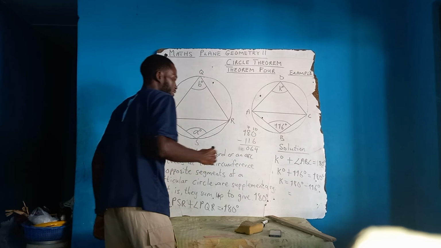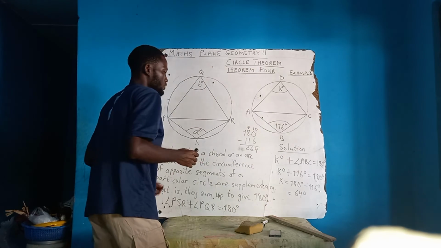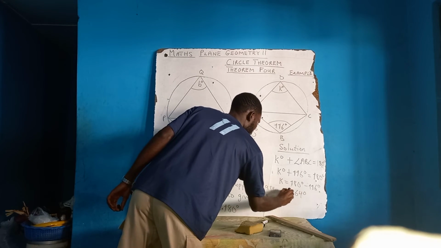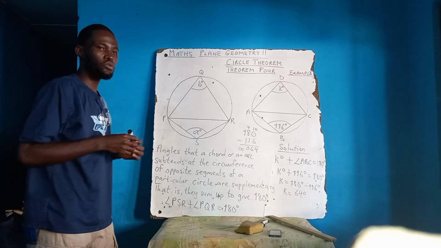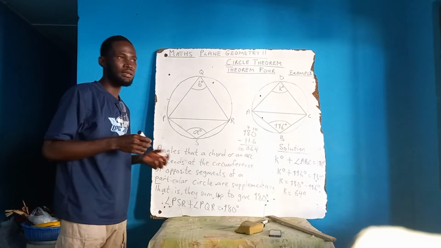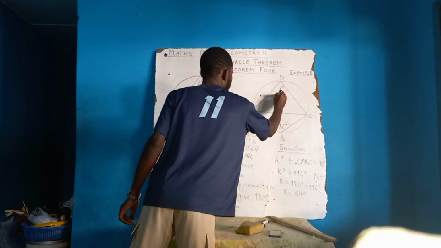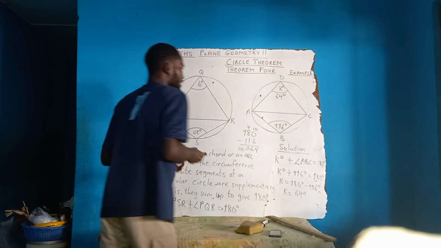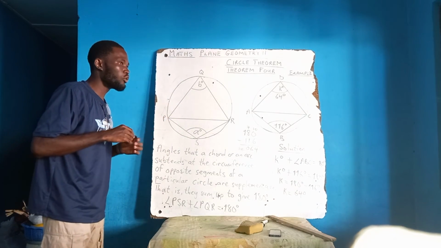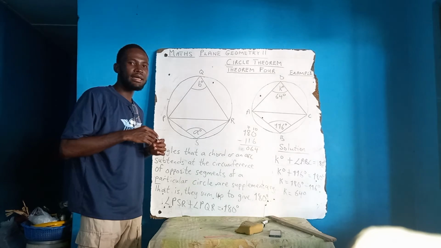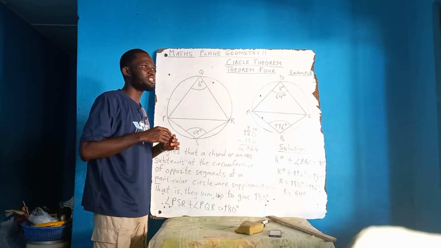So we have our angle to be 64 degrees. Therefore our K is 64 degrees. If I want to illustrate it within the diagram, I would have K to be 64 degrees. So this is how we can apply Circle Theorem 4.